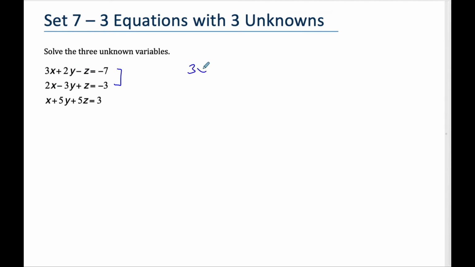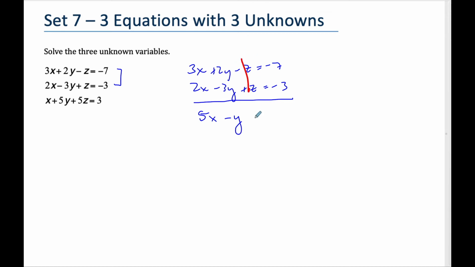So I have 3x plus 2y minus z equals -7, 2x minus 3y plus z equal to -3. When I add them, I get 5x minus y. The z's cancel. That was the whole point of this. I'm canceling out the z is equal to -10. And so I have an equation with just x and y.